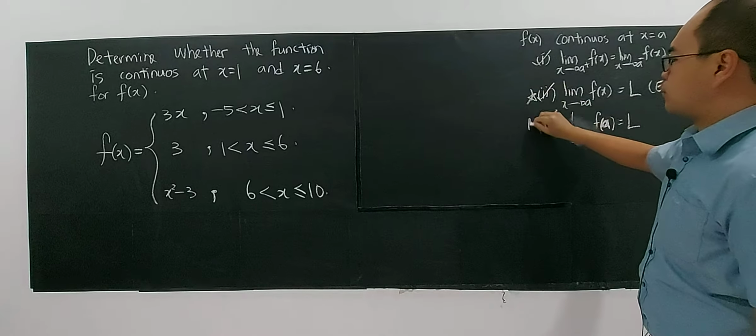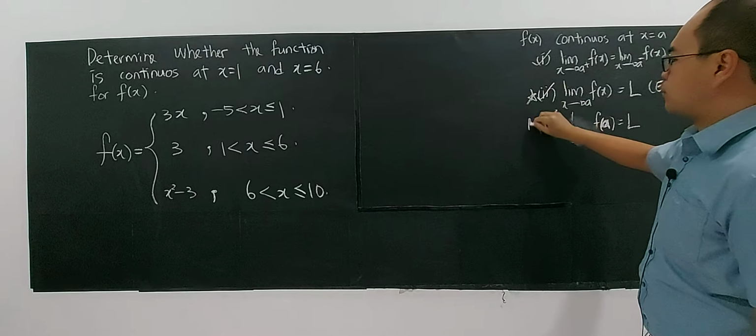Now from the left, x less than 1, so 3x. You are getting 3 multiplied by 1, right? Substitute 1, you're getting 3 also, meaning the limit does exist. The limit exists as x approaches 1 for f(x).